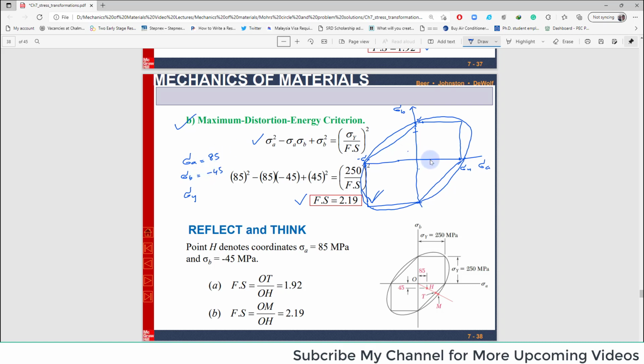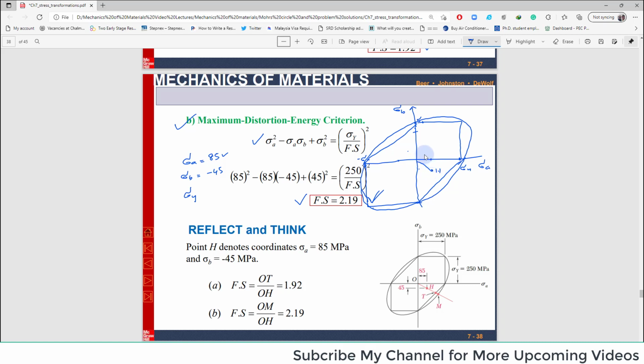So if you locate 85 and minus 45, I am doing it roughly here, but you have to draw it on graph paper as per scale. When you locate 85 on the x-axis and minus 45 on the y-axis, you will get this point H.